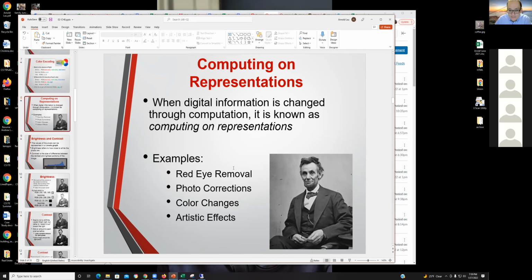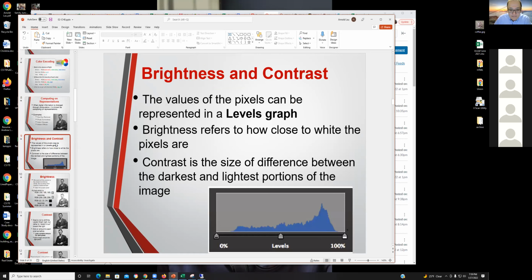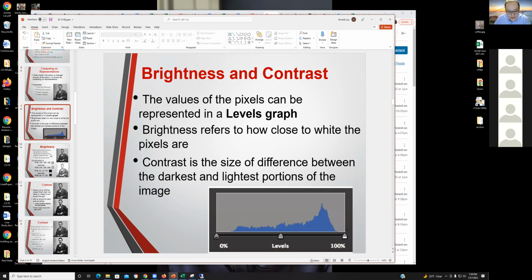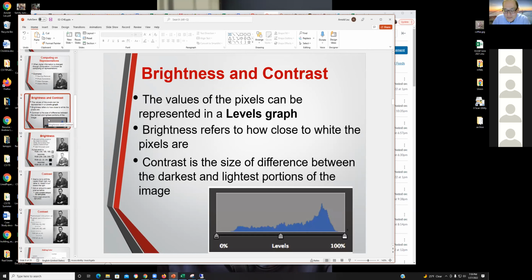Okay. So what's the common thing, especially at the beginning, is being able to play around with brightness and contrast. Brightness, like I was telling you, when you get to a bigger number, the color is more intense, so that means you're making it brighter.